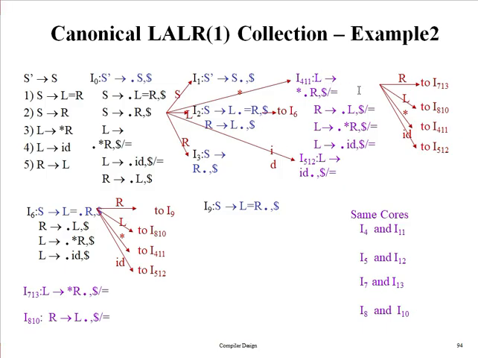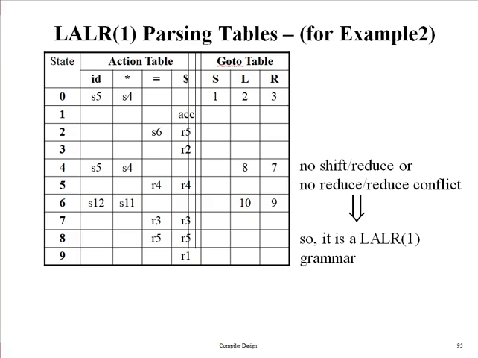4 and 11 are merged together, 7 and 13 are merged together, and their parameters are separated by slash. And I8 and I10 are merged together. So we reduced 4 states from the LR1 items collection. We reduced 4 rows, so the parsing table will have a reduced number of rows. As you can see, from 14 rows, now we have 10 rows.